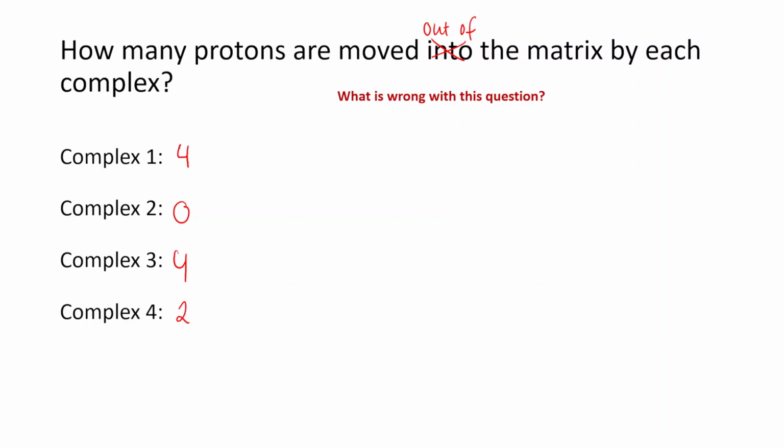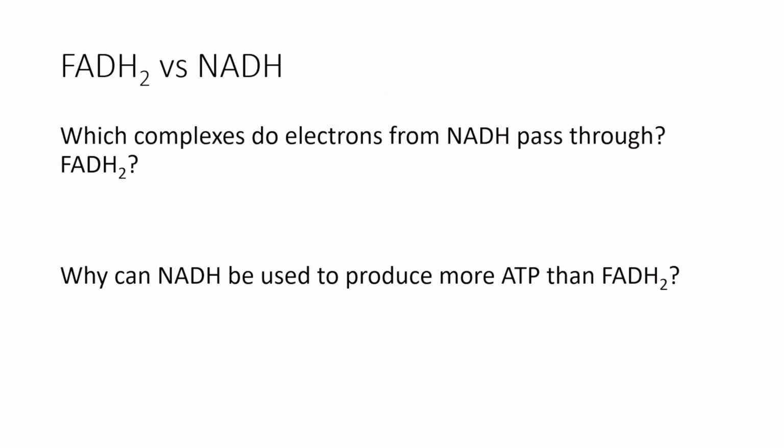Depending on which complexes each electron carrier travels through tells you how many total protons each electron carrier will ultimately push or help to push through. So, which complexes are for which electron carrier? Yeah, exactly right. NADH and FADH2 both pass through complex 3 and 4 at the end.